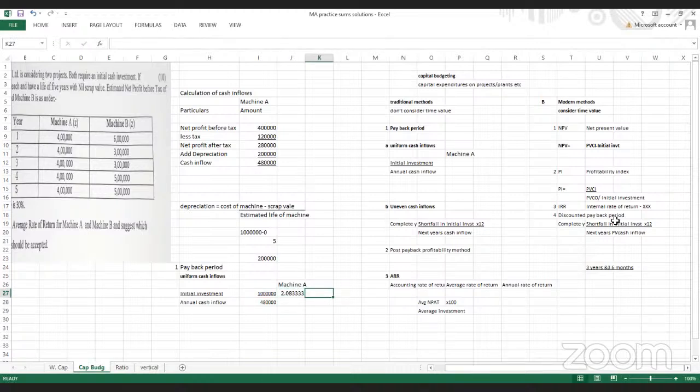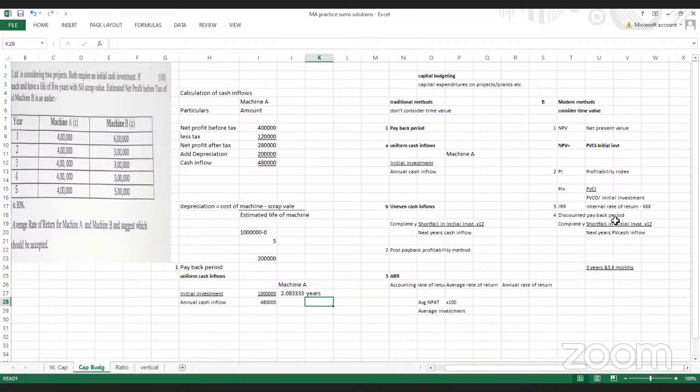So in almost 2 years you are recovering your capital. We will calculate payback period for B as well. Then the machine which has the least payback period will be selected. If we are following the payback period method, you have to write a statement that as per payback period we should choose machine A, as it has a shorter payback period.